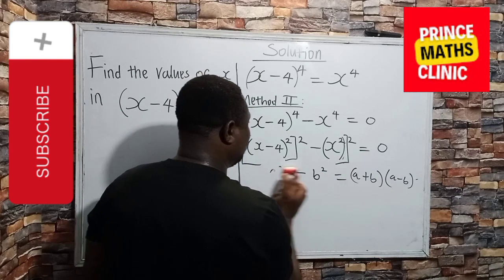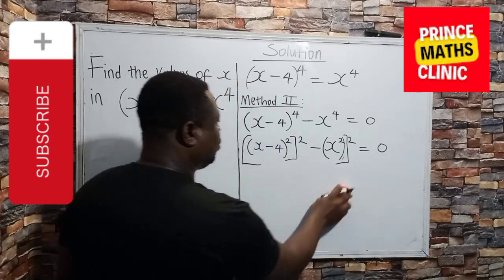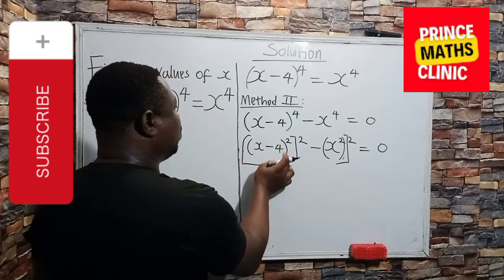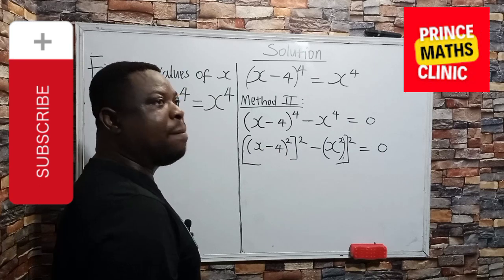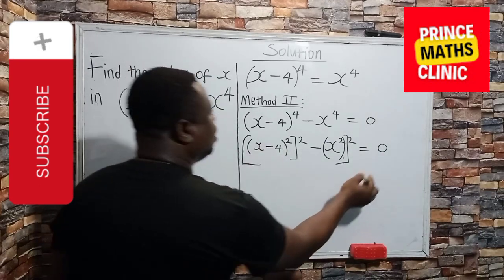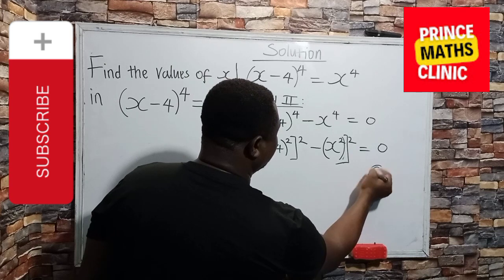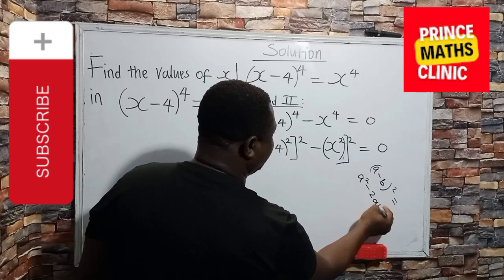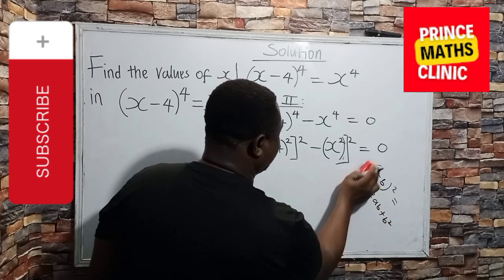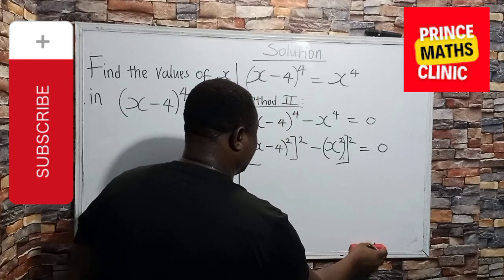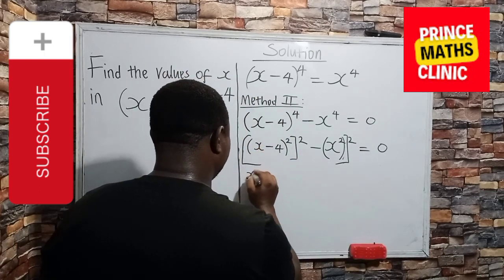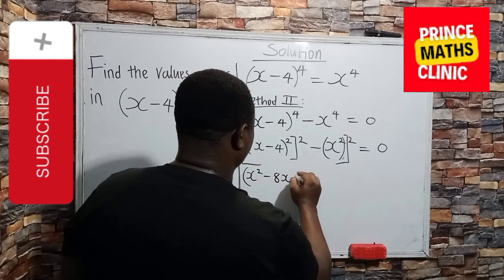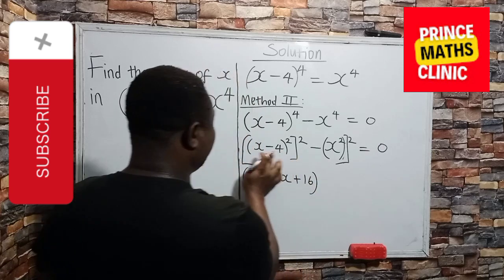Using that method, everything here is my a. But let me expand what I have here first before I apply the difference of 2 squares, using the principle of a minus b all squared being a squared minus 2ab plus b squared. Doing that, I will have x squared minus 8x plus 16. Now I've expanded this.